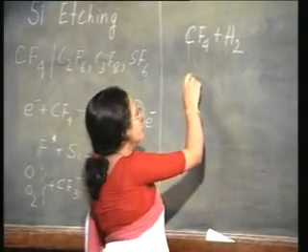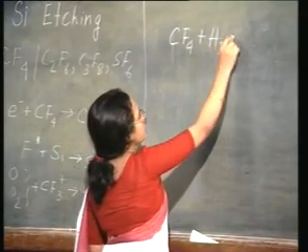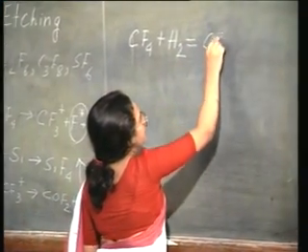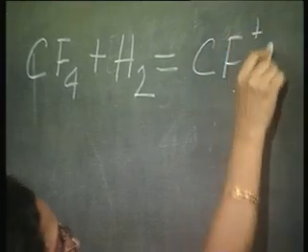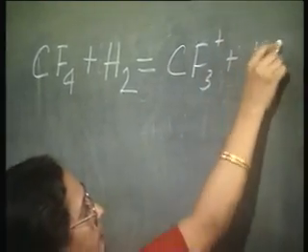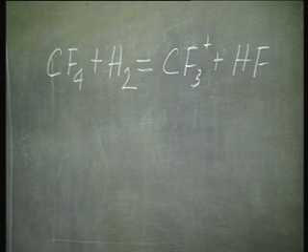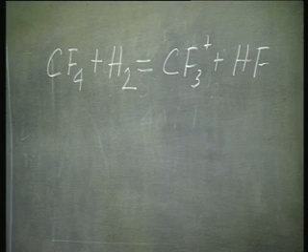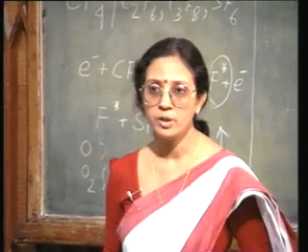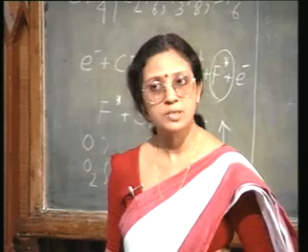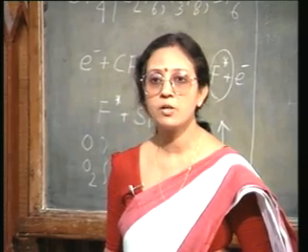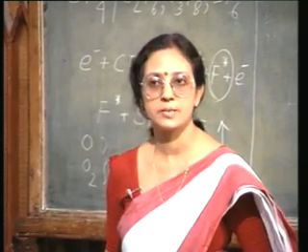So, you have suppressed the formation of the active fluorine species, therefore, etching of silicon will be suppressed.